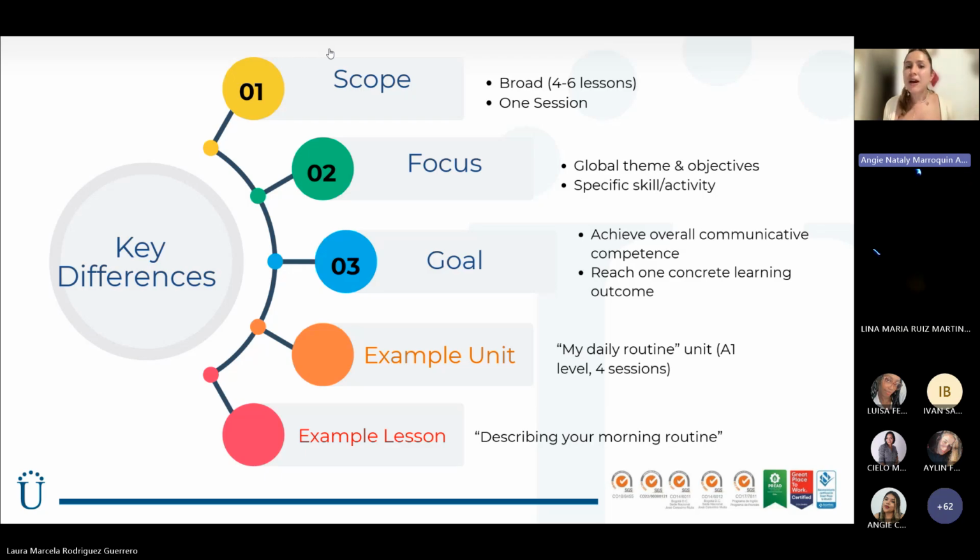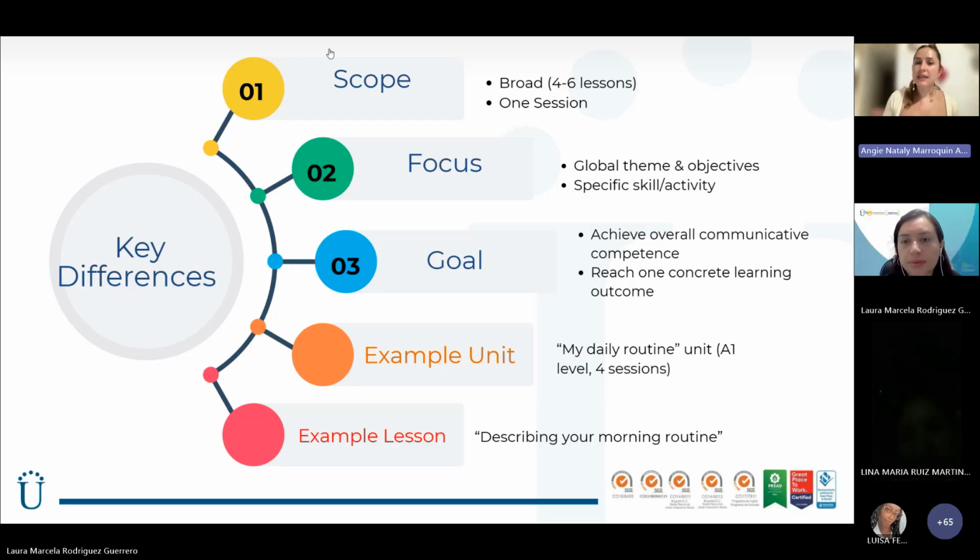That's it. And then we have the focus. It could be a global thing like adjectives, or it could be a specific skill or activity. So we always go from the general to the particular, from the broader part of the topic to very specific skills that I want to develop through the activities in my lesson plan.